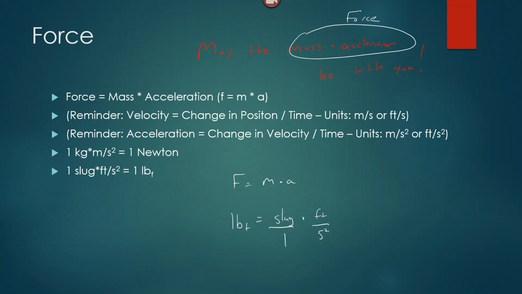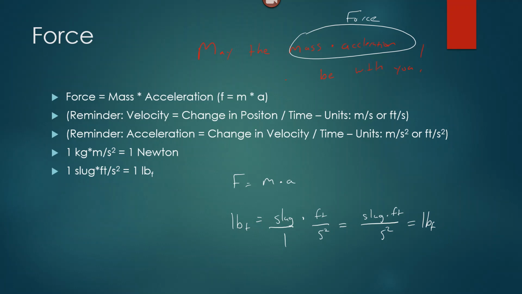Of course, this is understood to be over 1. So what is the units of force? It's actually a slug foot per second squared. That equals a pound force. This may seem kind of weird right now, but it is the case.